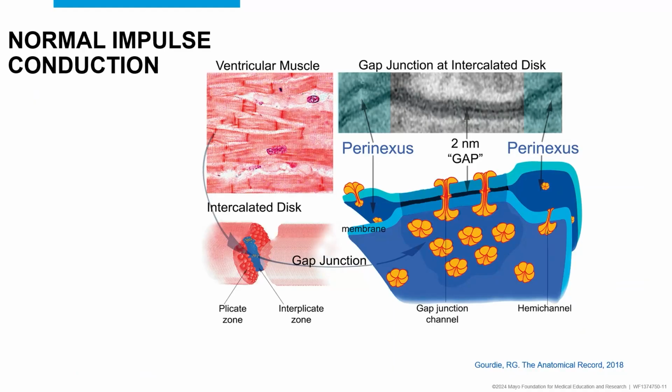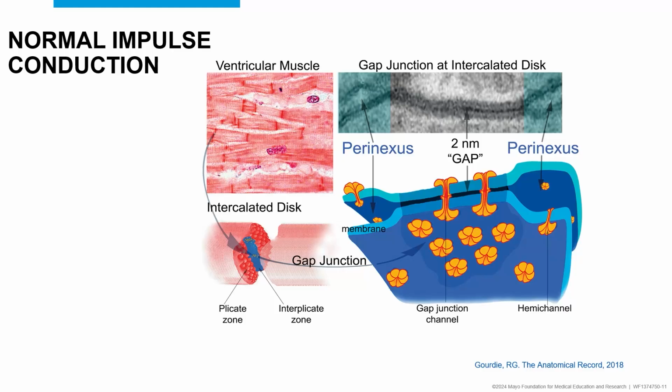So once that impulse has been initiated, how does that get through the cell? Chiefly, this is at the gap junctions. So at the longitudinal ends of your cardiac myocytes, we have these enriched regions of gap junctions which allow for rapid facilitation and change of that electrical conduction.